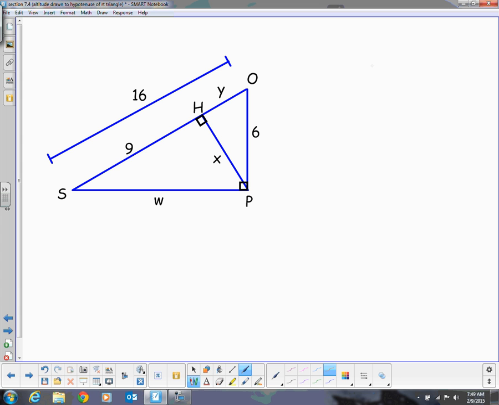What's one mean, Caitlin? X. X, it's the altitude. What's another mean, Caitlin? Okay, we're looking at the very large triangle. I need a leg. The legs form the right angle.